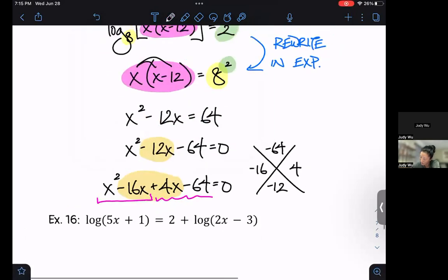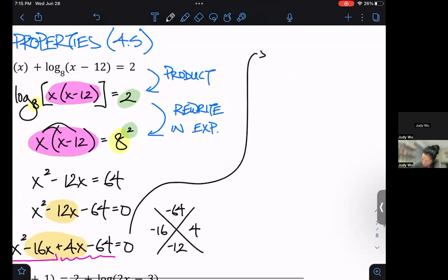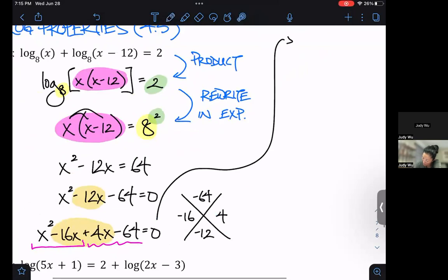All right, let's move over here so we have a little bit more room. Now, the greatest common factor for the first 2 terms is x. And the greatest common factor for the second 2 terms is 4.